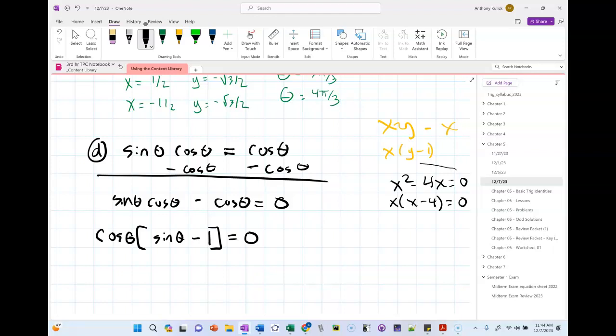You can't add the 4 because of the multiplication of the x. You'd be violating order of operations. You don't want to do any dividing here.